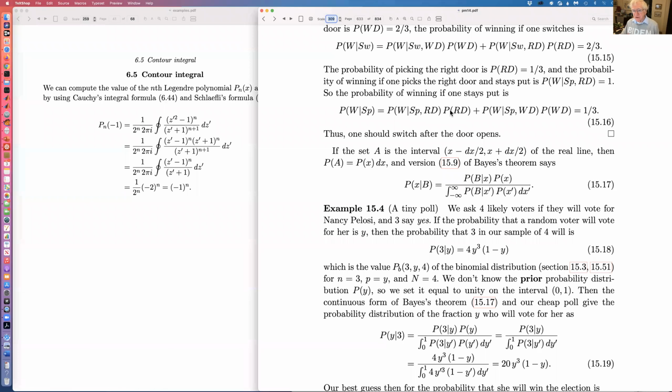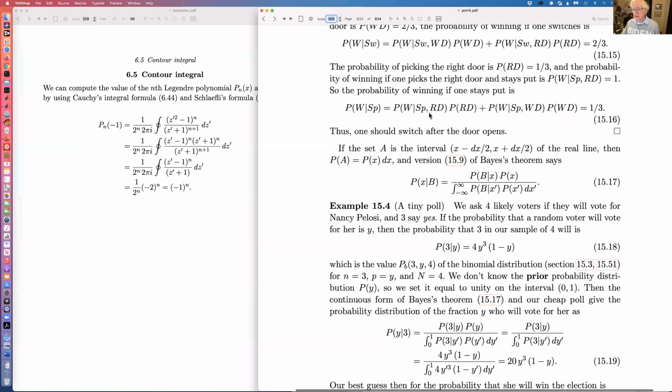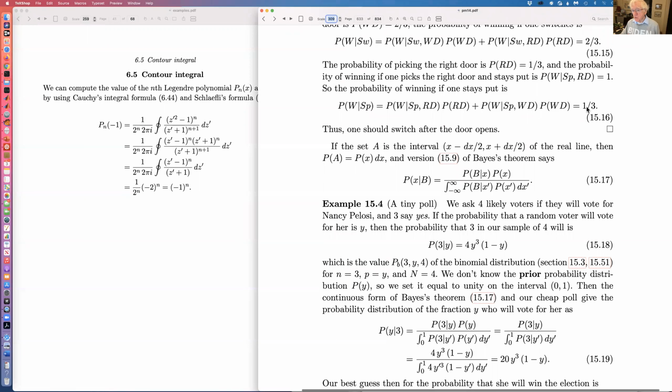So it's over here that it works. Probability of right door, 1/3, times the probability of winning given you stay put and picked the right door, that is unity, and so this is 1/3.